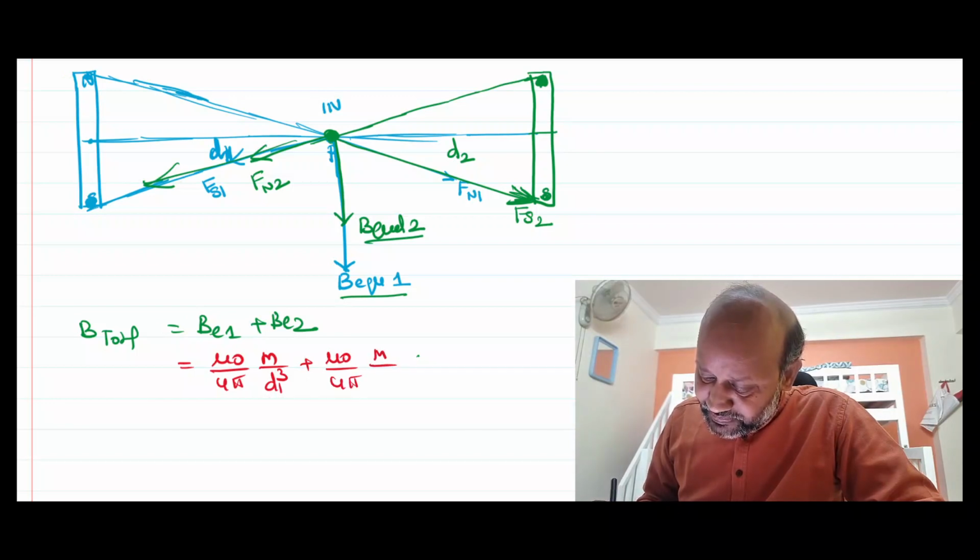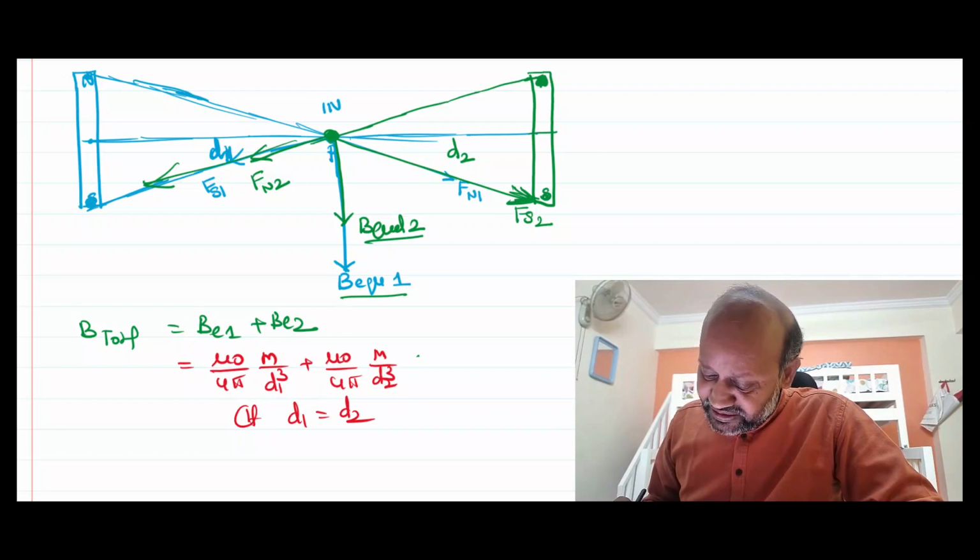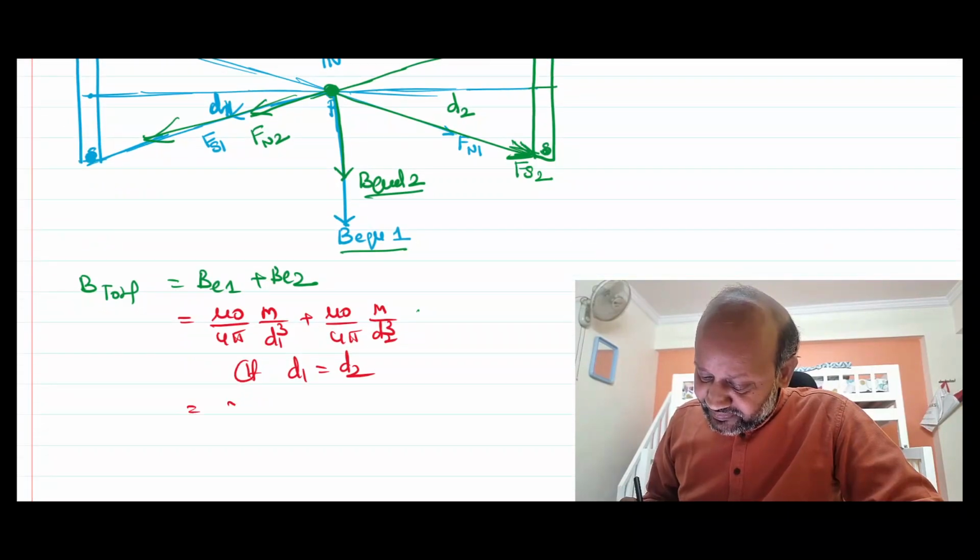Of course, if the distances are the same, I can write a formula, if I'm putting a further condition. If d1 equals d2, I can find that value as 2 times mu naught by 4 pi, m by d cube. That's the answer.